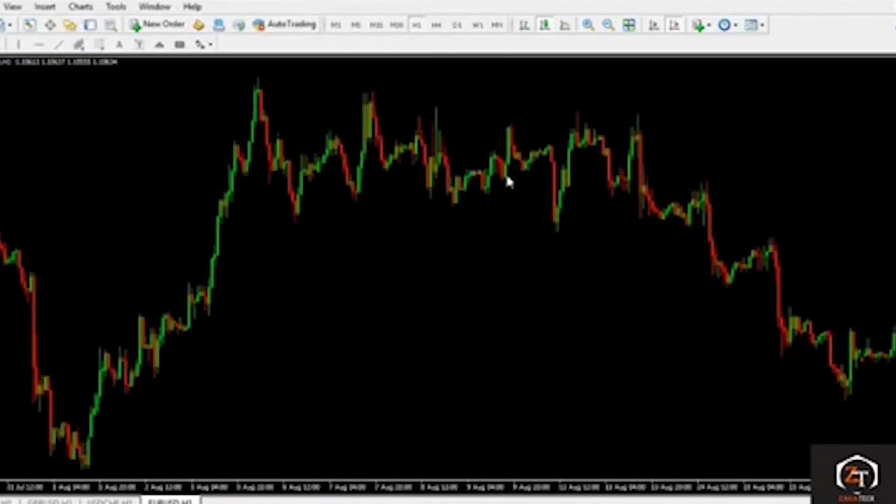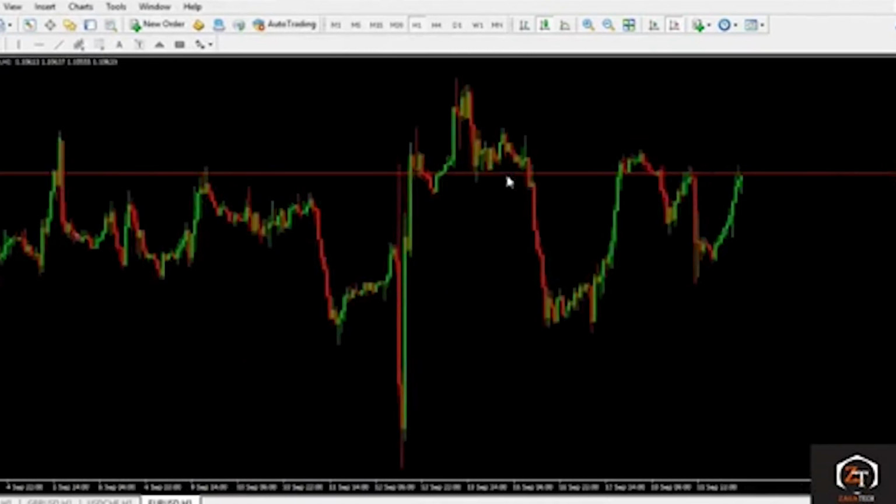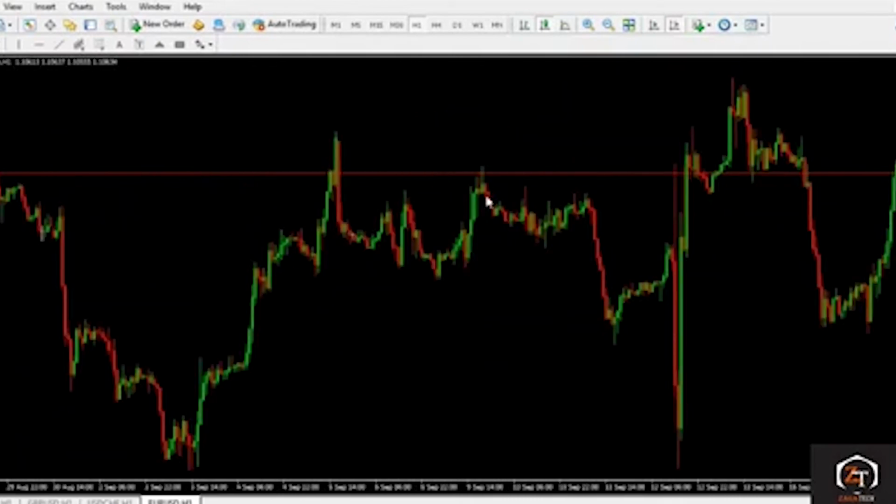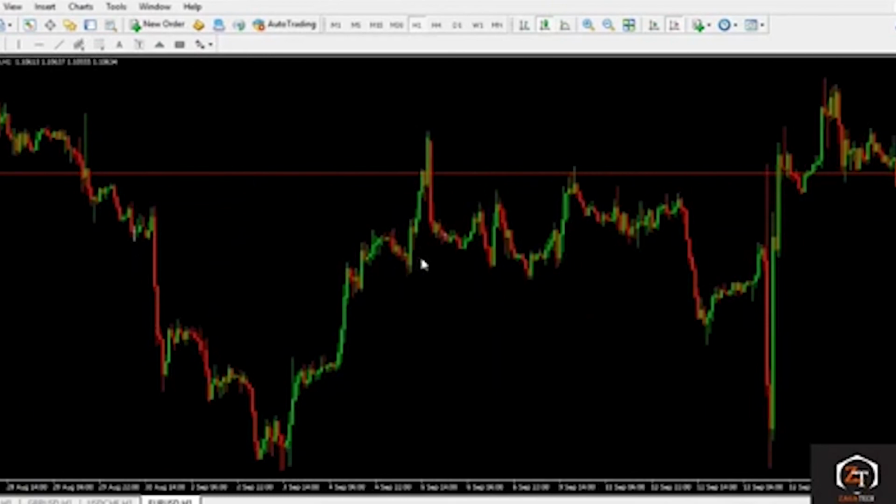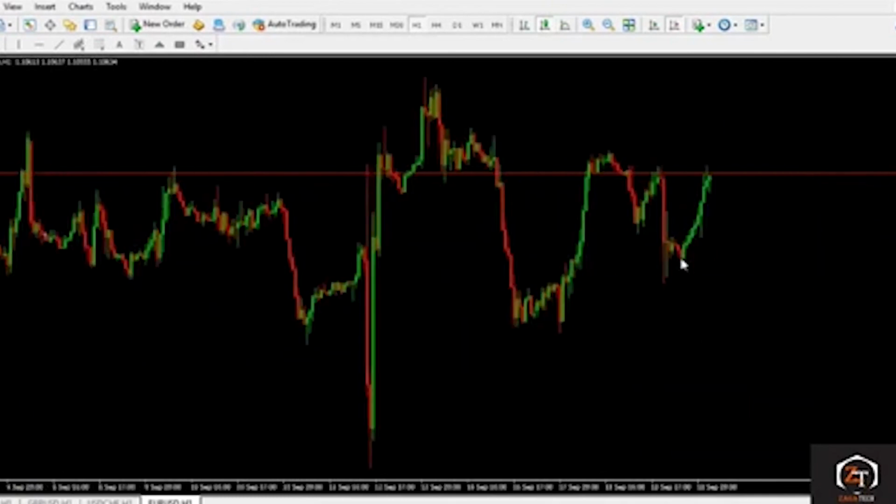Now, remember in my first picture I said support is an area where the market tends to bounce and repel, like bounce here, repel, bounce here and repel, bounce here and repel. We have the major support, we have the minor support. So use your eyes and dictate what the major support and minor support is. A full support. We have the little minor support, which I showed you guys in my first and second pictures.